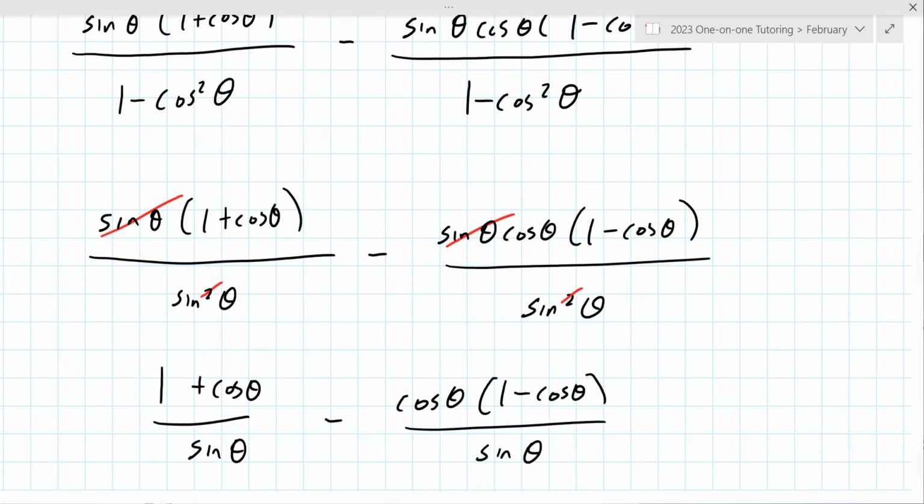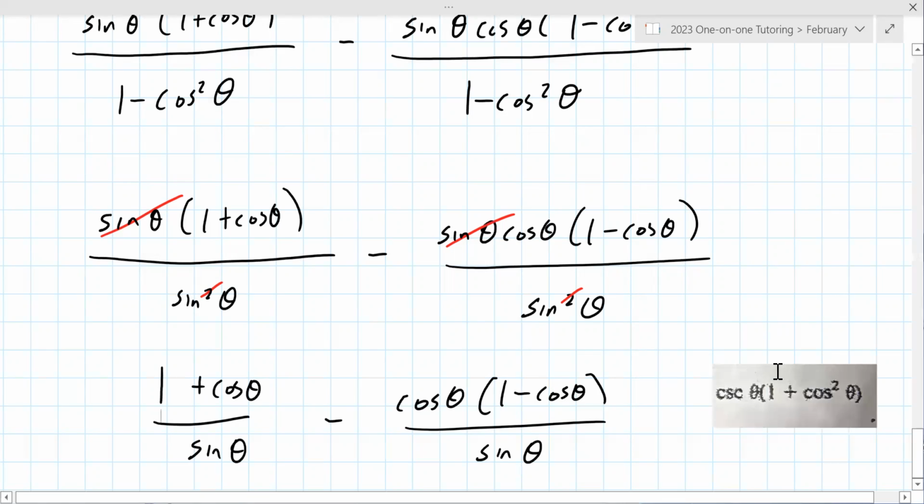And it might be good to go back and just revisit what we're trying to get to. The whole goal here was to get rid of the fractions because there are no fractions on the right.